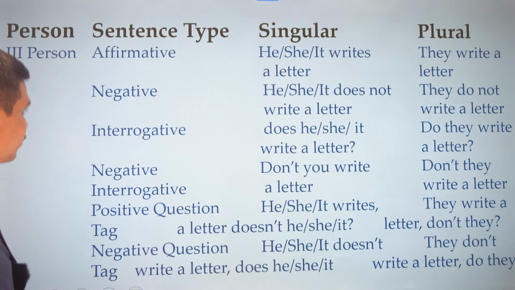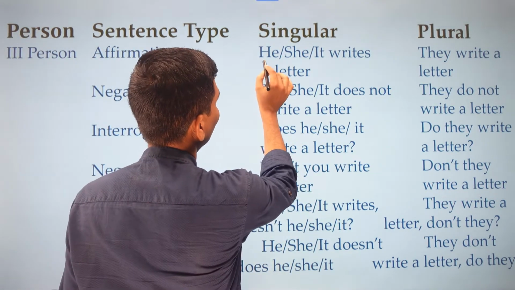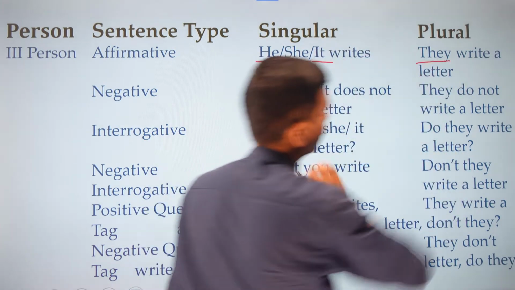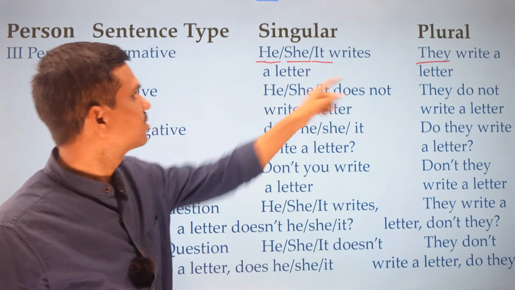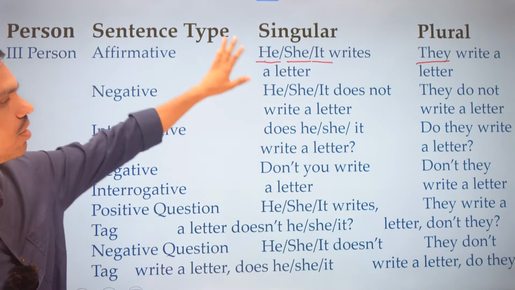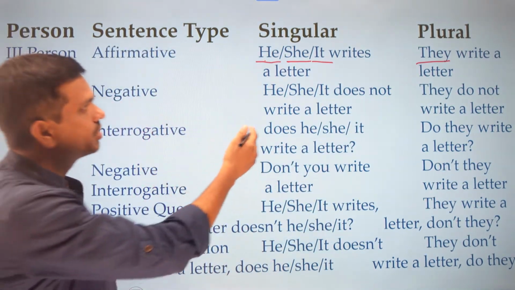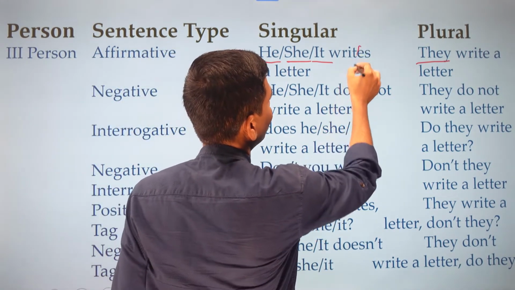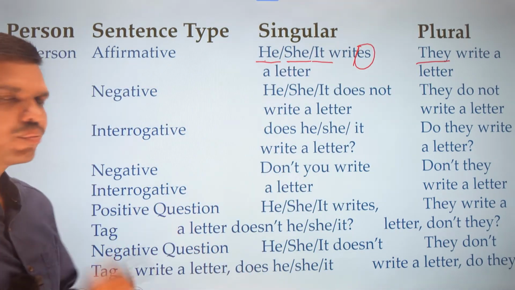Now third person pronoun in affirmative. Here we have third person pronouns, singular he, she and it, and plural is they. So the sentence forms like this: he writes a letter, she writes a letter, or it writes a letter. Now in plural they write a letter. In singular form, when you use third person pronoun, you have to attach s or es suffix to the main verb or the base verb.